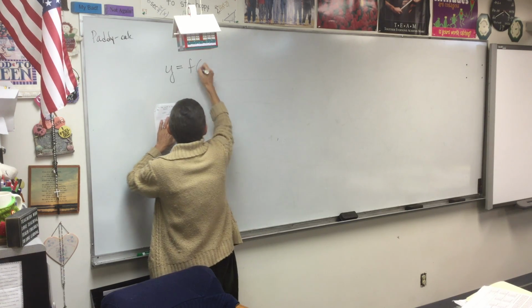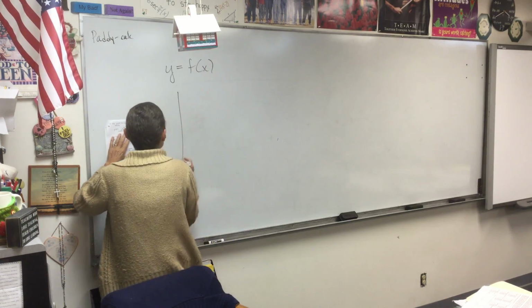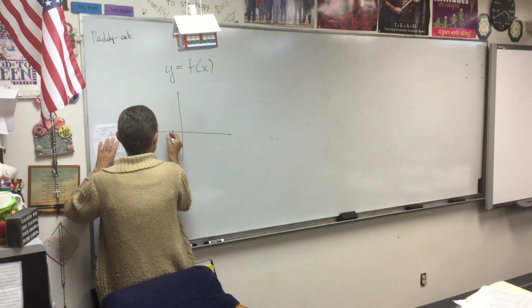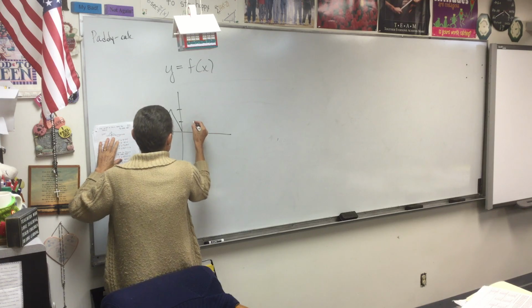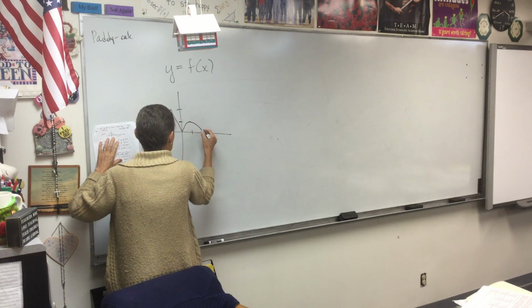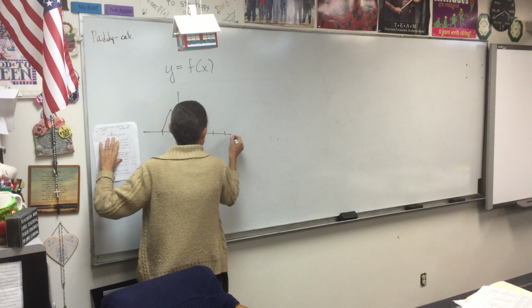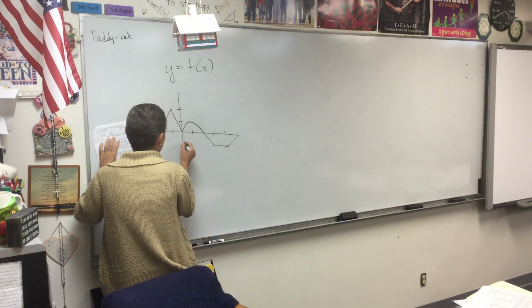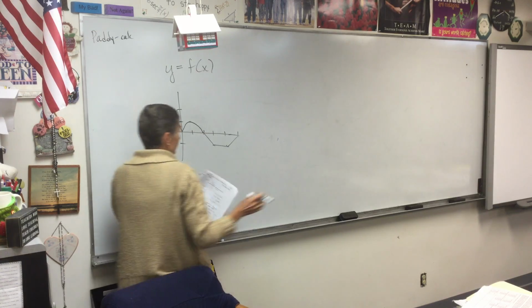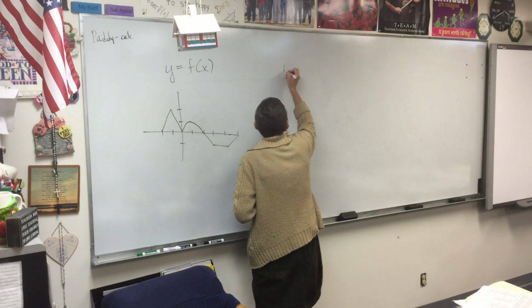I'm going to go ahead and draw my picture up here again. This is that picture where we have the big triangle, the semicircle, and the trapezoid. That's the shape that we're dealing with. Quick review.